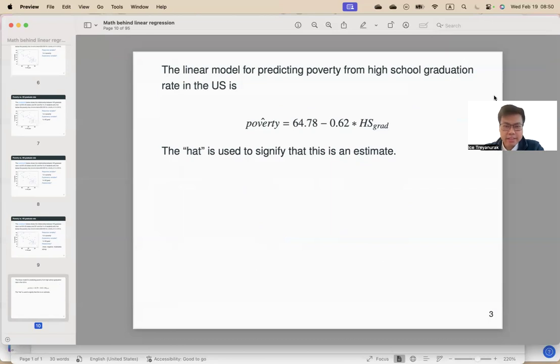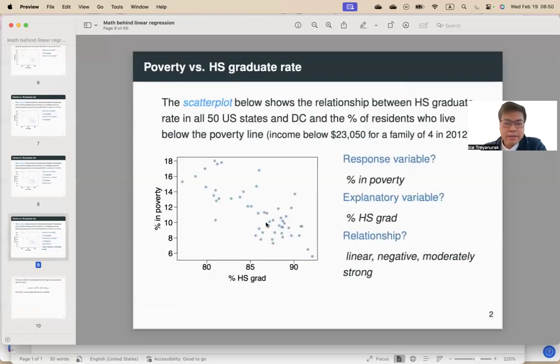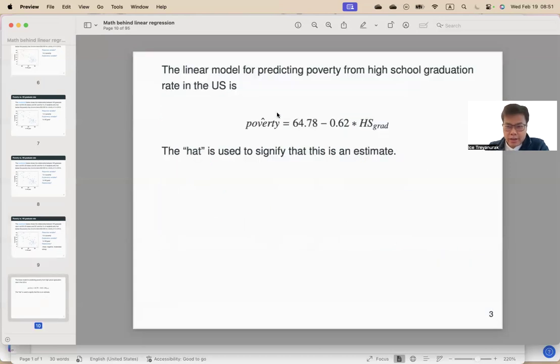So the estimate of poverty is something we can do using this scatter plot, because it looks sort of linear with a moderately strong relationship. We can create a linear equation whereby we can substitute in the high school graduation rate and get an approximate of poverty.